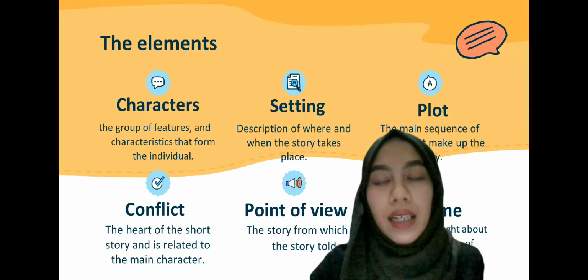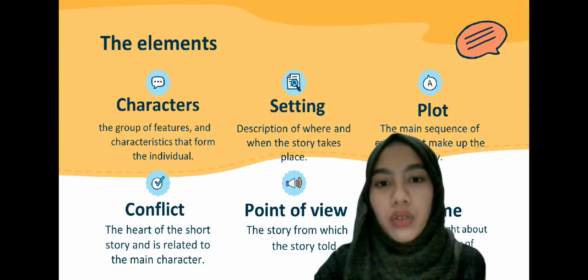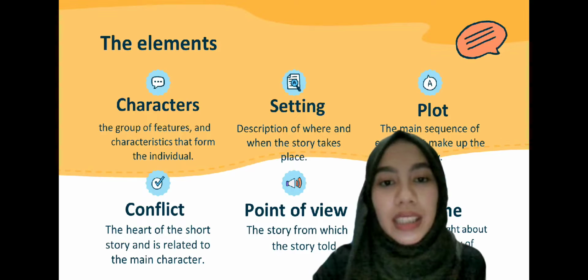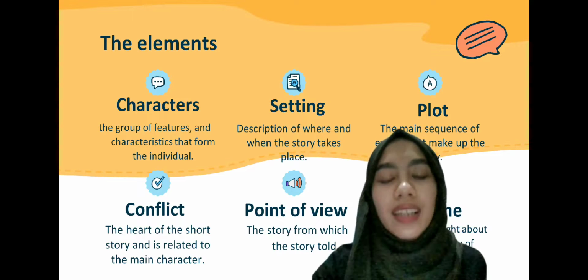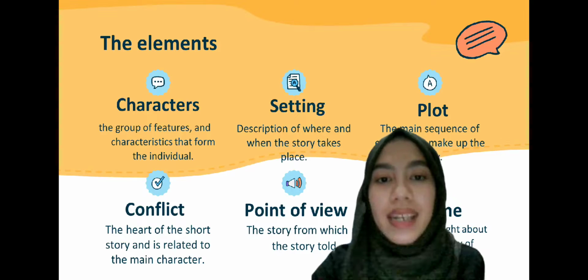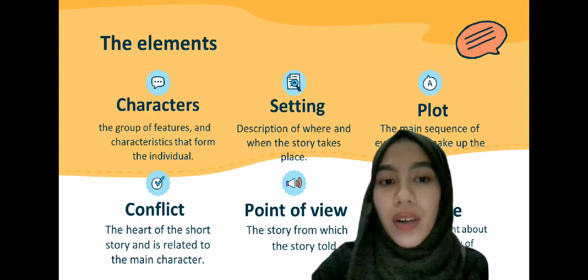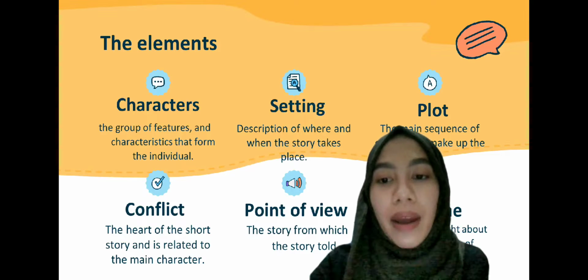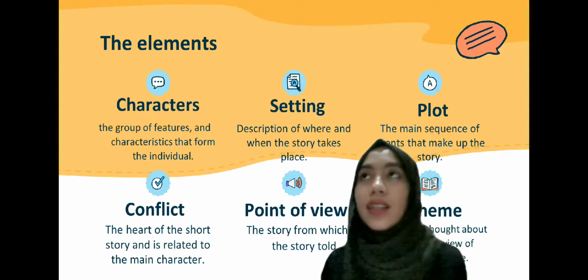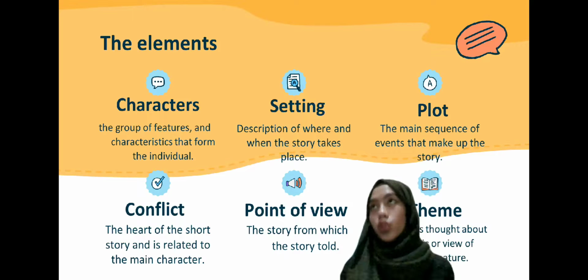For example, the Little Red Riding Hood story is set in a village near a forest. There is a house inside the forest where Red Riding Hood's grandmother lives. So that's a setting of a short story.